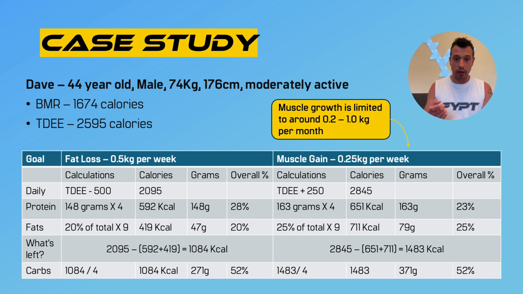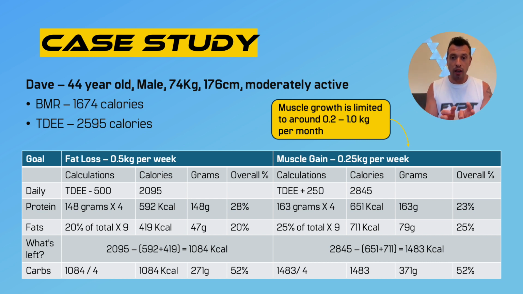I then go to protein, I work out what double my body weight is, and I then times that by 4, that gives me 592 calories. That's my protein calorie goal. I then minus that. I then work out my fats, so I'm keeping it at 20%. That's 419 calories. I add those two together, minus them from my total amount.